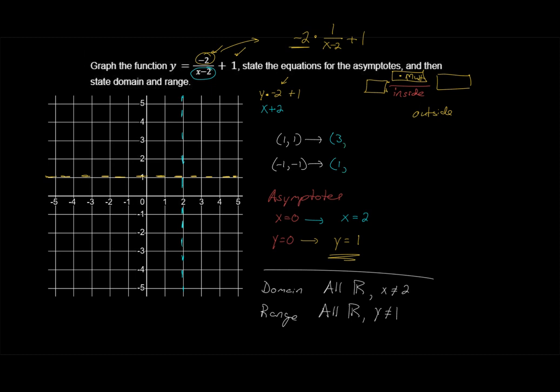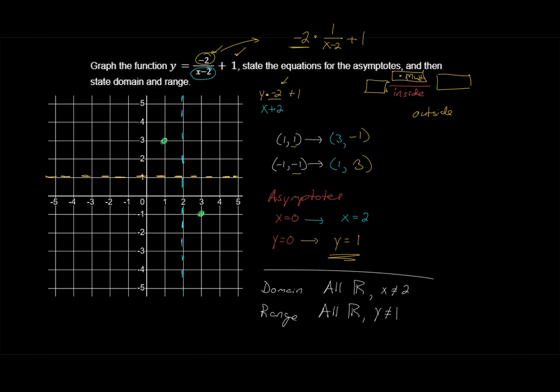And then for y, we're going to multiply by negative 2 and add 1. So 1 times negative 2 is negative 2, plus 1 is negative 1. Then negative 1 times negative 2 is positive 2, plus 1 is 3. So we have 2 other points to graph. We got 3, negative 1. There we go. And 1, 3.